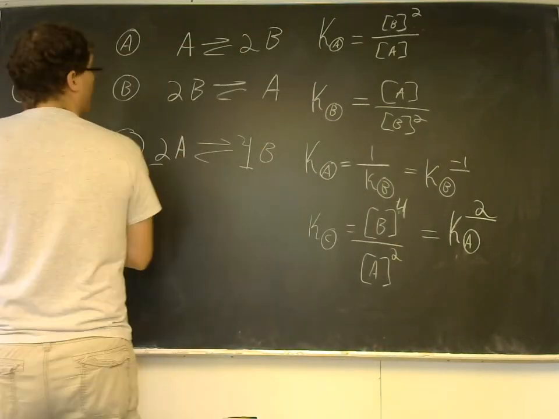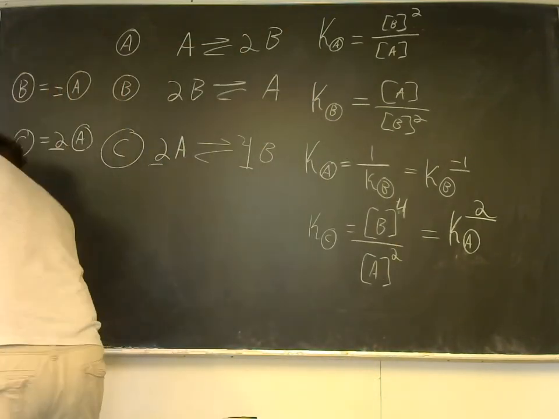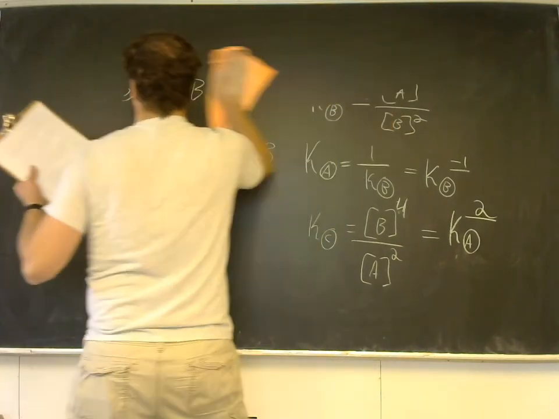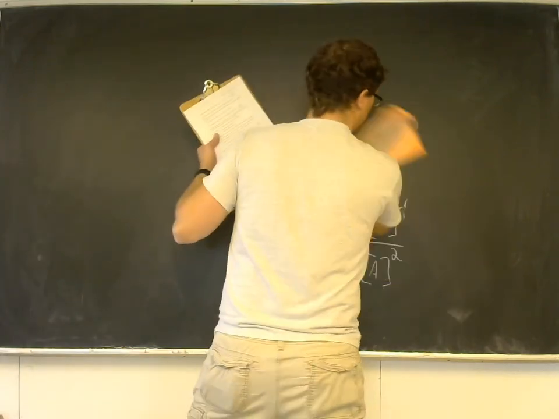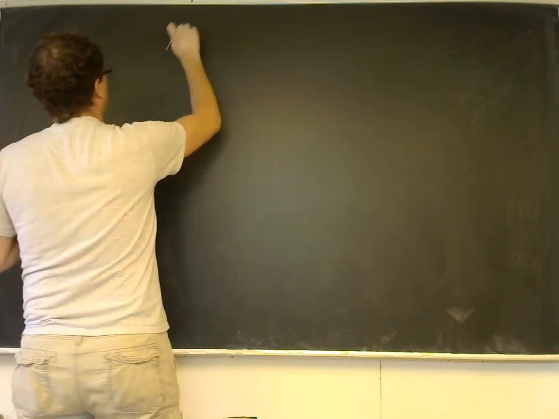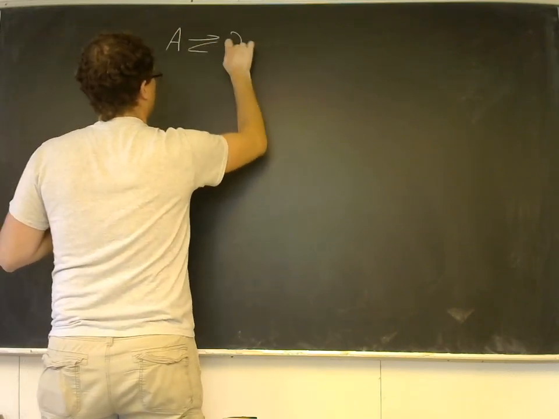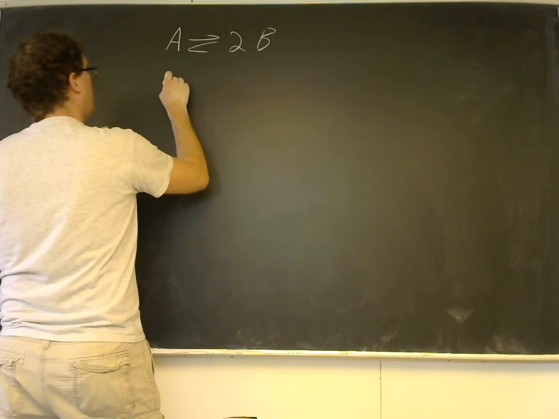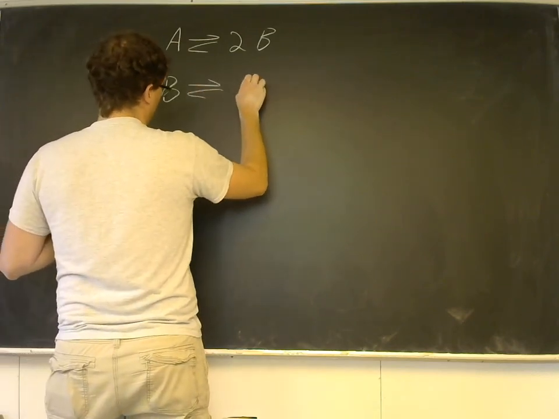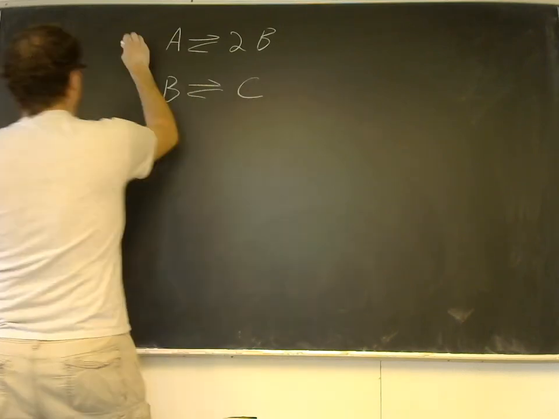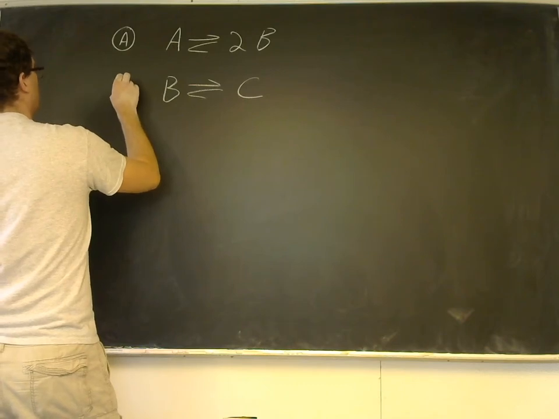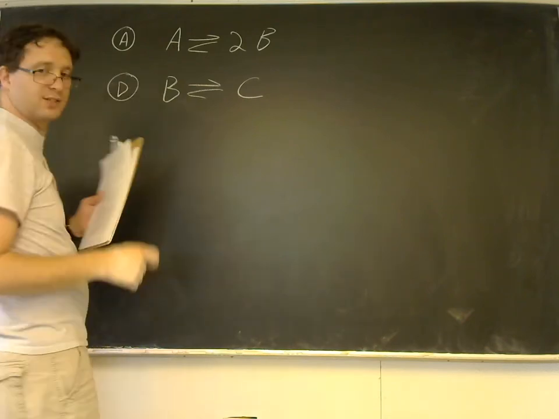Okay, so let me just erase all of this. Suppose I have A in equilibrium with 2B, and then I have B in equilibrium with C. So we'll call this reaction A, and we'll call this reaction D, because that's a new one.